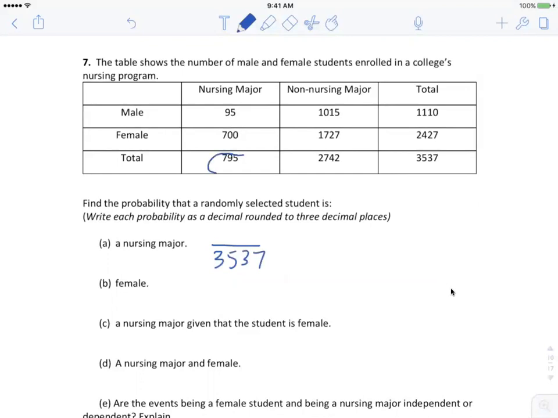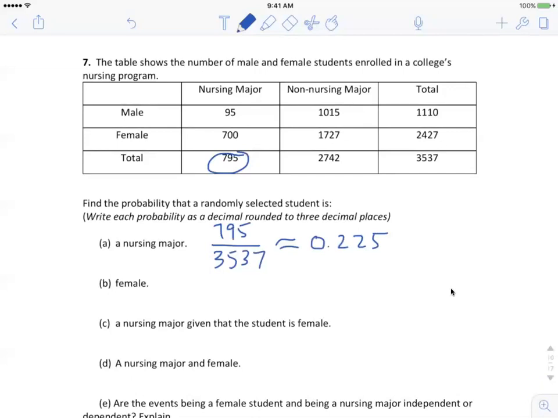So it looks like right there, right? Nursing major total, 795. So calculator help, 795 divided by 3537. It says to round to 3 decimals here, so that's going to be 0.225.